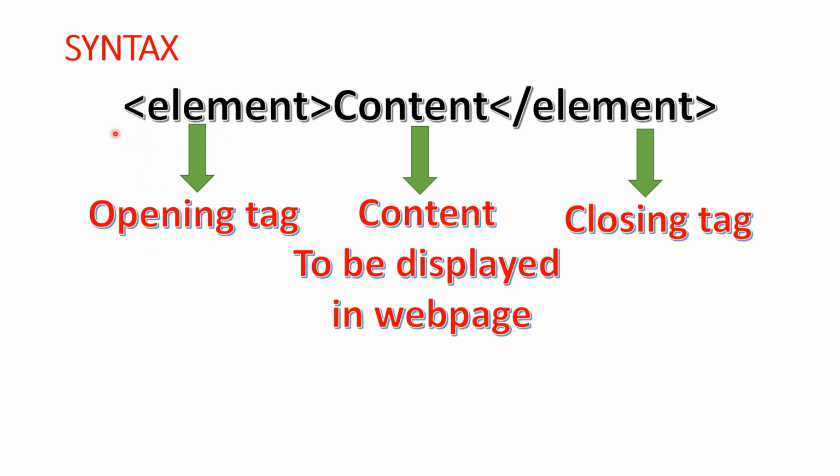Opening tag is defined by the left operator and then followed by a tag name and then the right operator. Every tag can have the corresponding closing tag preceded by the backslash symbol. In between the opening and closing tag, we are having the content and this content will be displayed in the web page. So this is the syntax of HTML element.